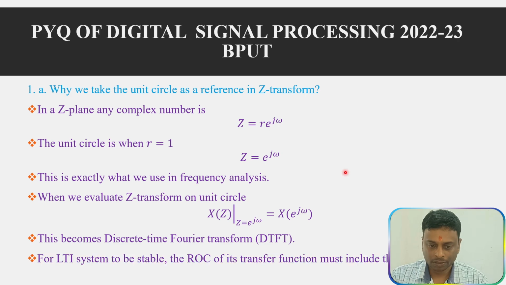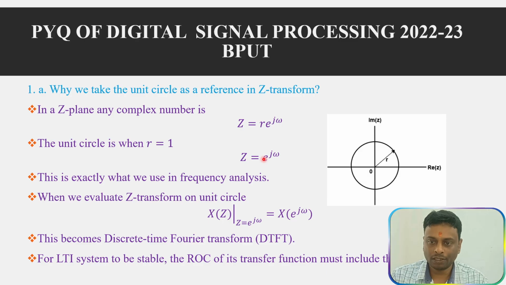For an LTI system to be stable, the ROC, that is the region of convergence, must include the unit circle. Here we have the imaginary axis and real axis, and R is the radius of the circle.